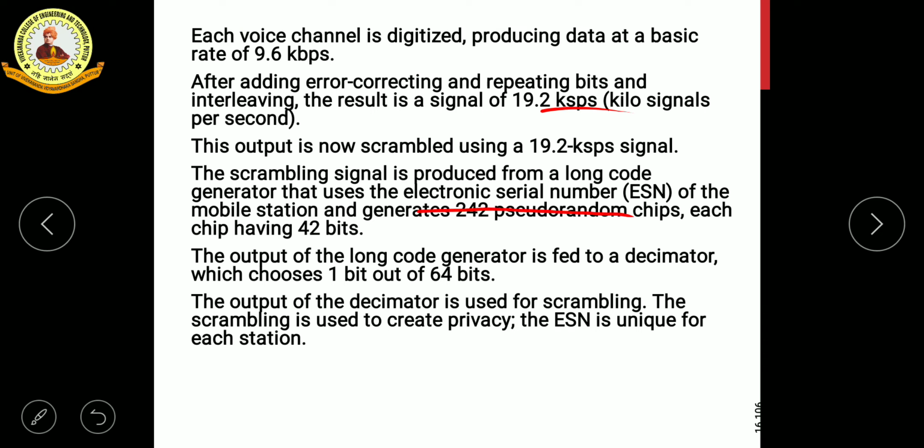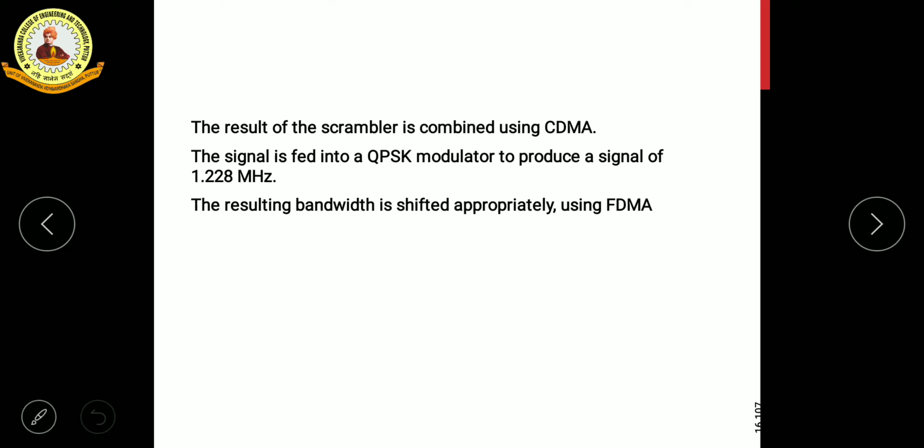The scrambling signal is produced from a long code generator that uses the electronic serial number of the mobile station and generates 2^42 pseudo-random chips, each chip having 42 bits here. Then the result of the scrambler is combined using CDMA. Whenever there is the concept of chips, that should be handled with CDMA only.